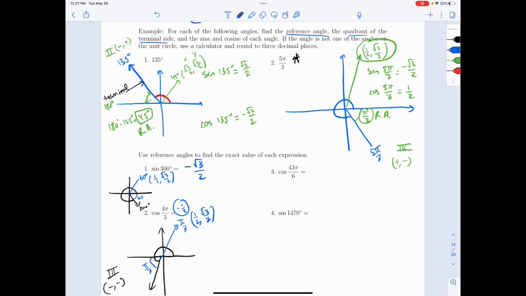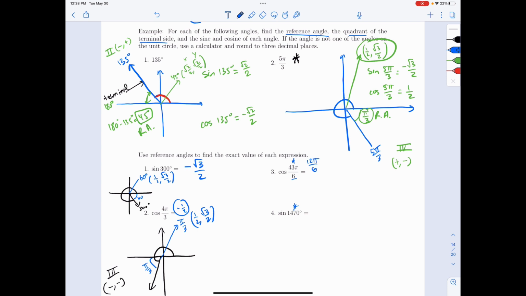These next two are a little bit different because the angles that were given here are more than one rotation around the unit circle. So I need to do a little bit of arithmetic to find a coterminal angle for 43 pi over 6. Now remember, one time around the unit circle is 2 pi. 2 pi with the same denominator as the 6 is 12 pi over 6.